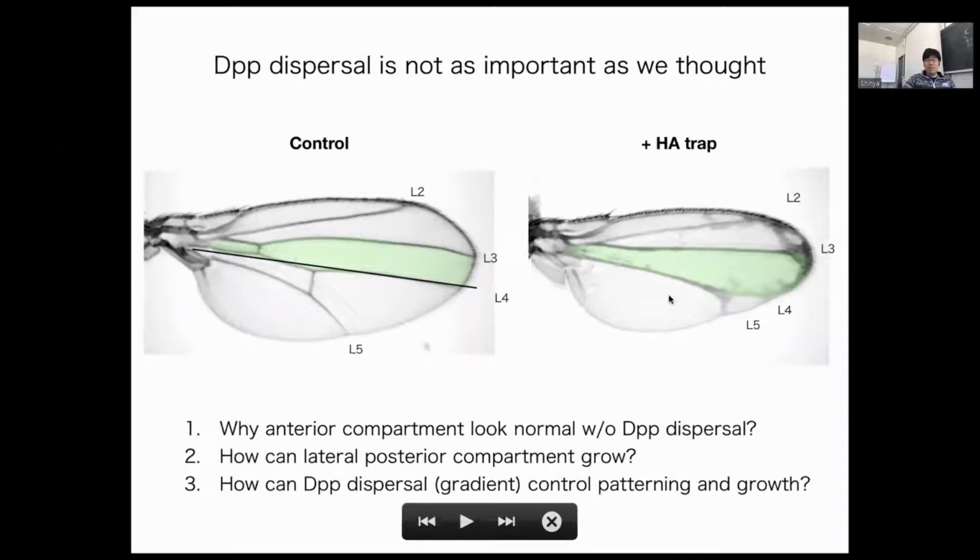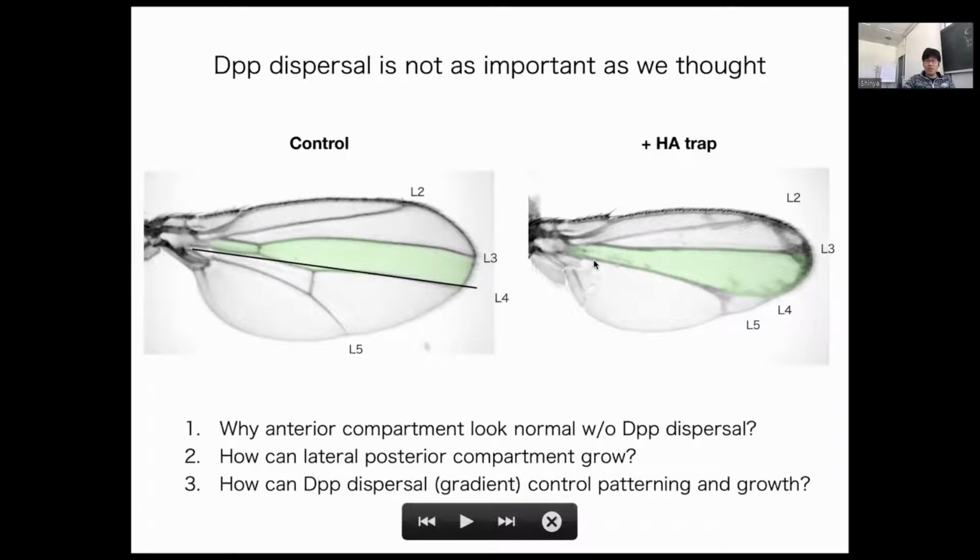So, for example, if you see this phenotype carefully, the anterior-posterior compartment boundary in the control is here. So this is the anterior side, and this is the posterior side. In the HA trap expressing wing, the anterior side is this part, and the posterior is this side. So it seems that the anterior compartment is rather normal when DPP dispersal is blocked.